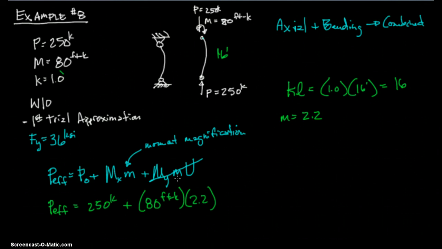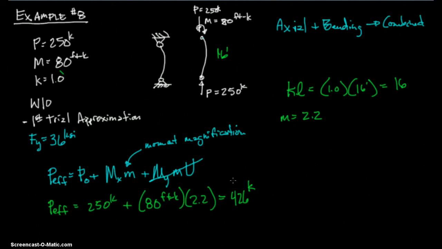But since My is 0, we do not have that. And then we solve: 250 plus 80 times 2.2 is 426. That should be in kips. I know that's not 100% clear, but since it's a P equivalent, that's what it's doing.